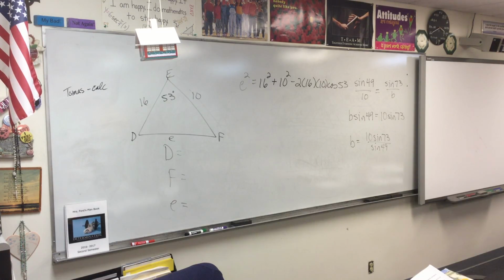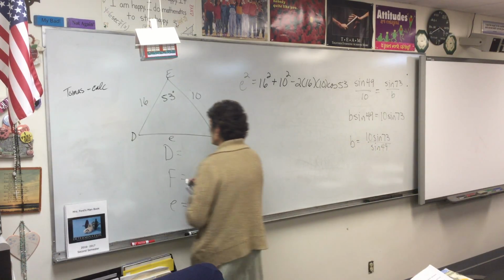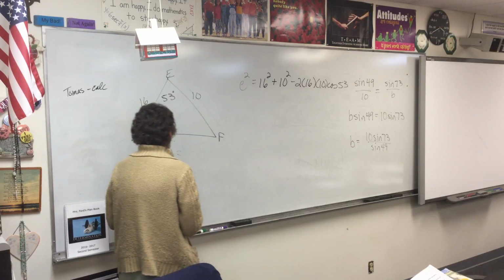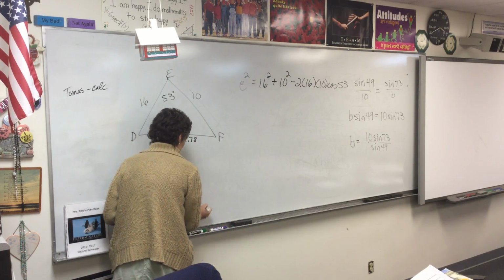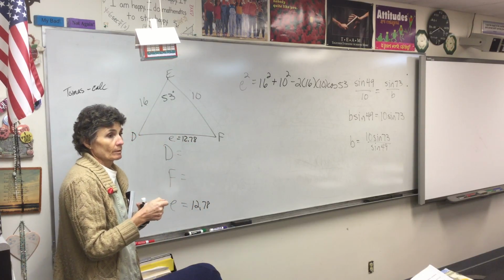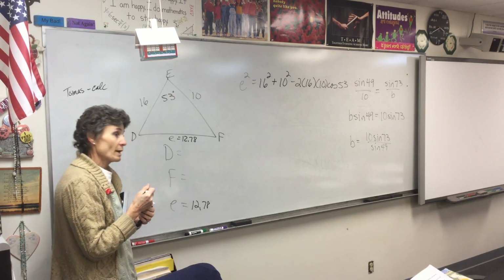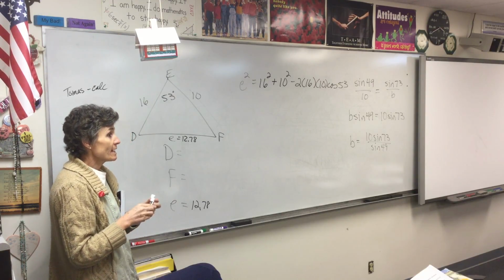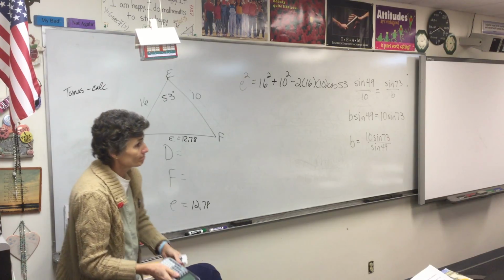When I do this, I need to remember to take the square root. So E is 12.78. Everybody good with that? But we're not done. Now we need the angle. Caesar, got any ideas about the angles here?